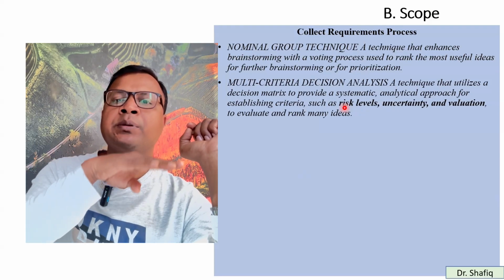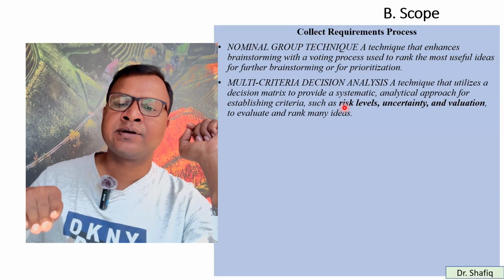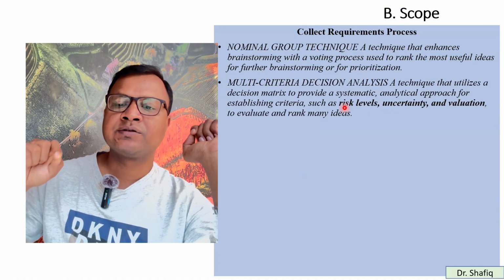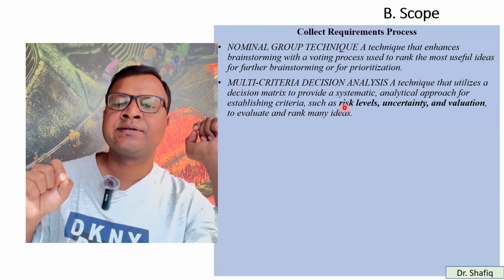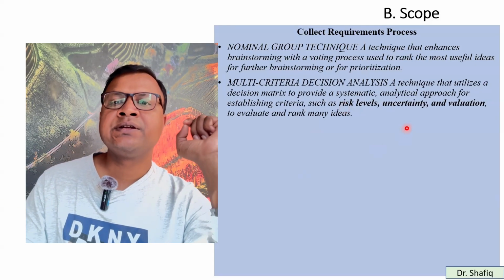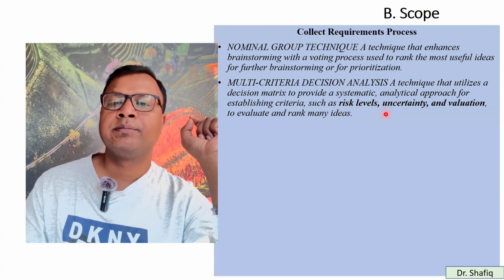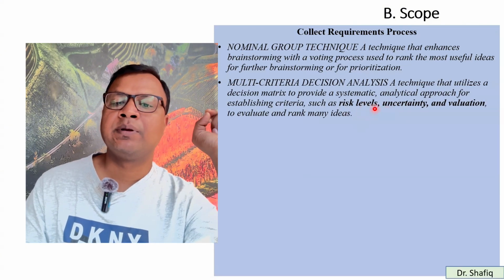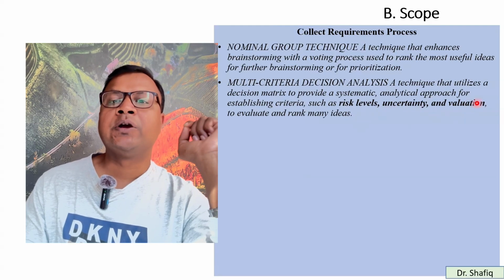Give them a metric for that, give them another metric on uncertainty, and another one on valuation. So risk level, uncertainty, valuation. These three should be based on metrics. Someone will emphasize risk level, someone will emphasize uncertainty, someone will focus on valuation.